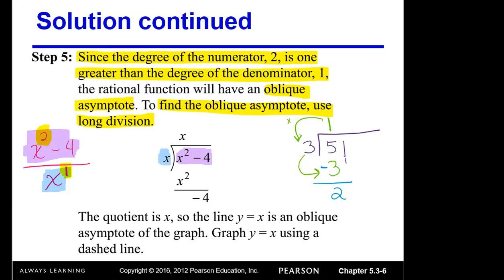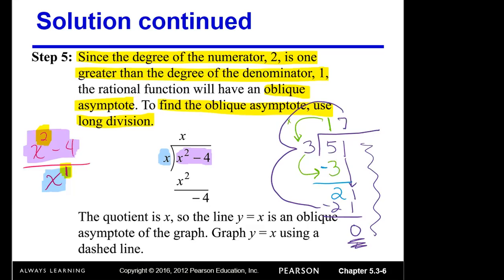And then you would drop down the 1 and start the whole process over again. 3 goes into 21 7 times. 7 times 3 is 21. When I subtract, I get 0. There's no more to drop, and you're done because you're at 0. So the answer is 17. That's long division.